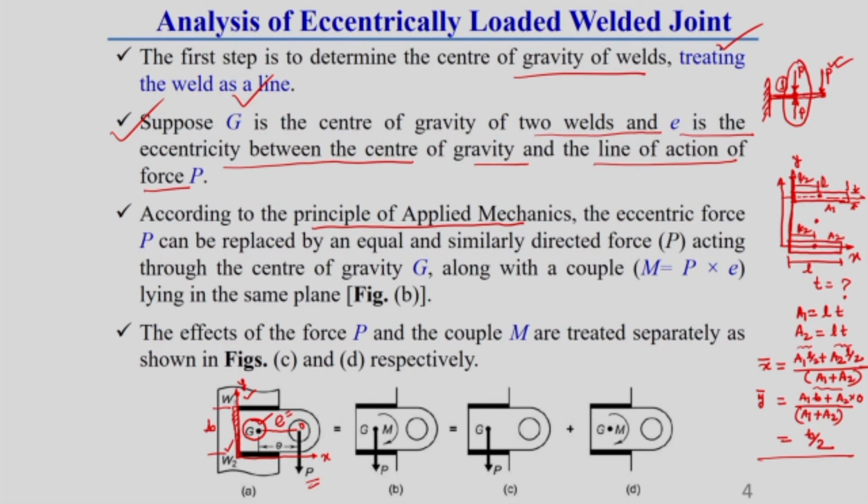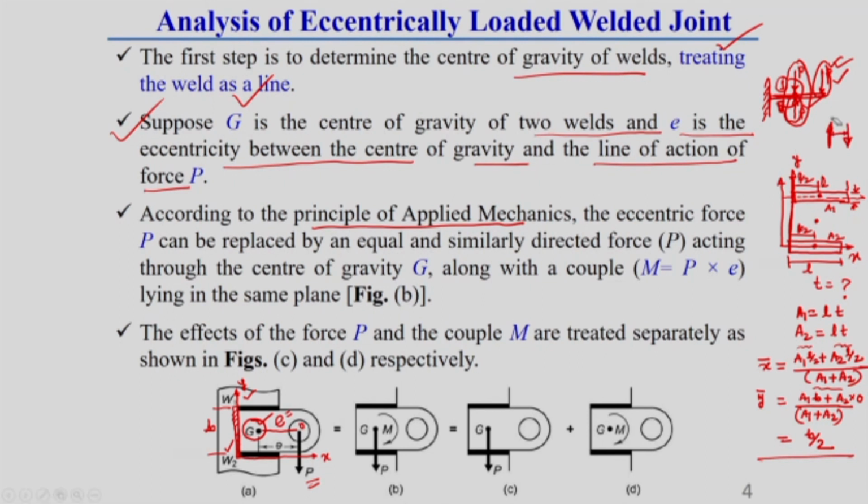Now, we will consider this opposite force and this force. This will create a couple. If we take moment about this location 1, how will this couple be? We know what a couple is. A couple is generally two equal and opposite forces.